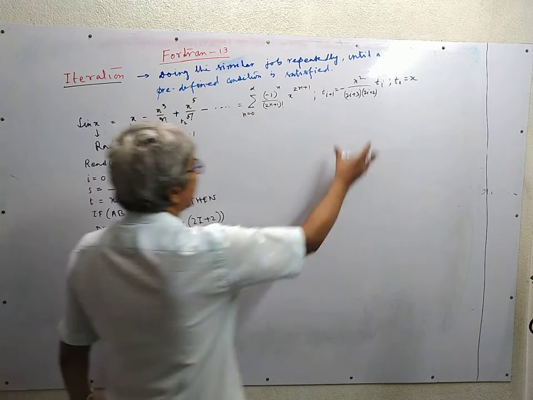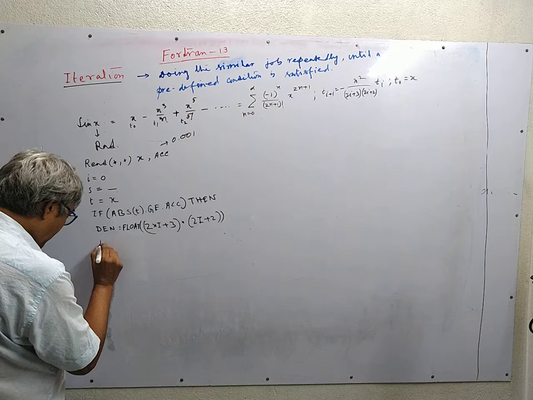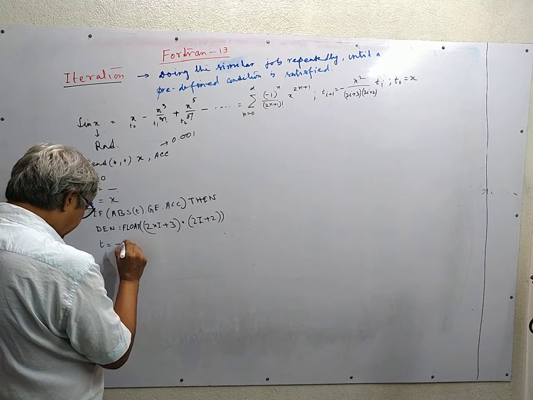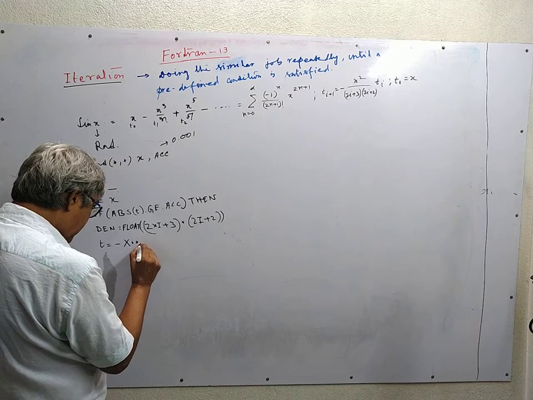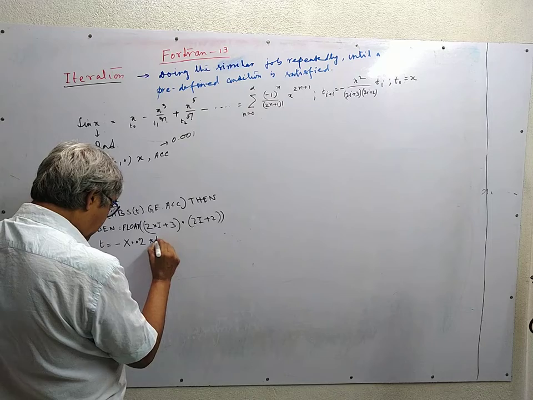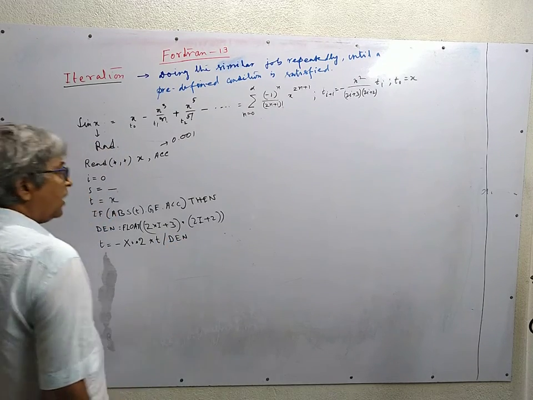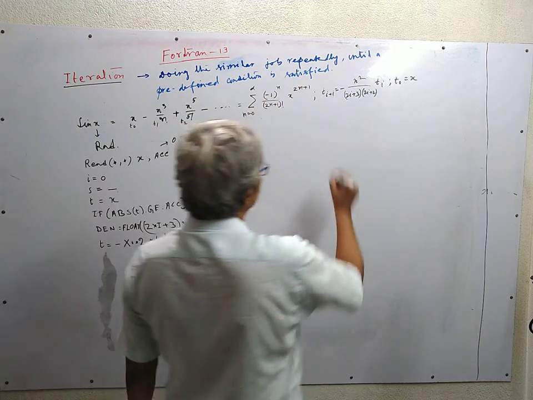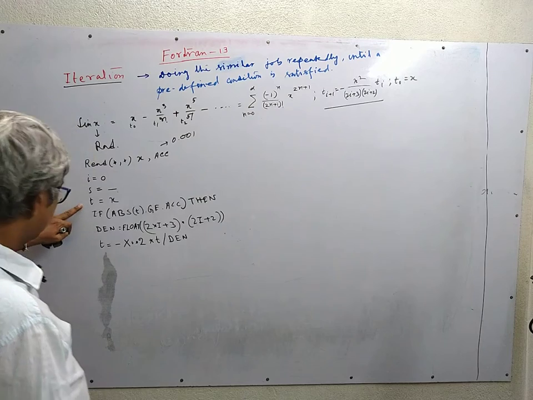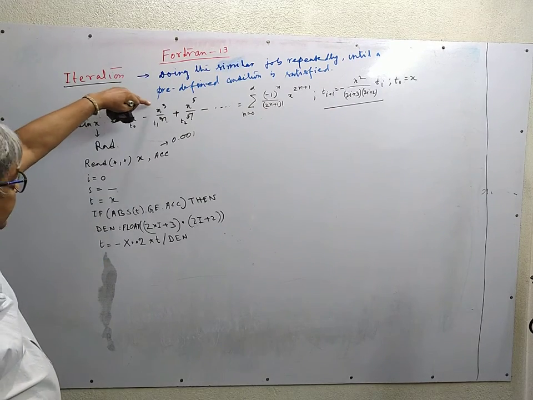So this part is calculated. Then we redefine t as minus x square times t by this factor. You see, we have executed this one. The function enters with t equal to x, so it calculates the second term.